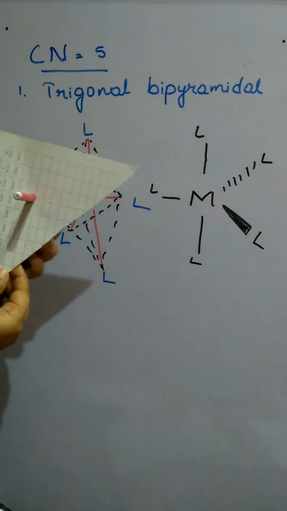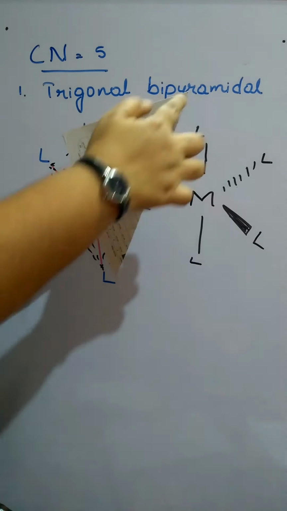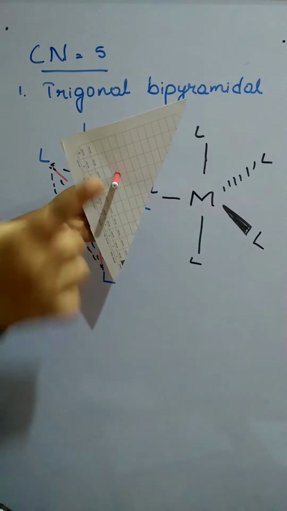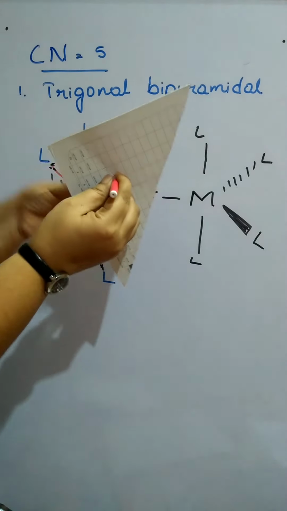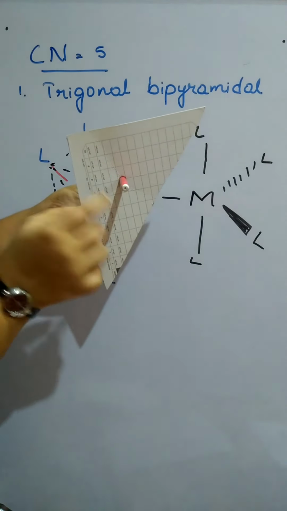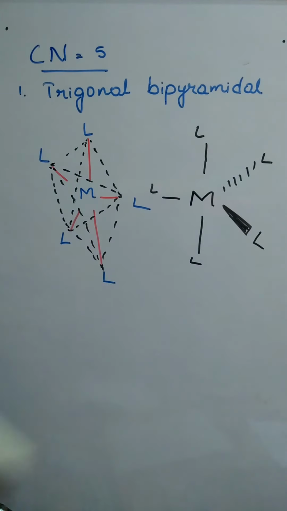These three are in a plane, this one is nearer to the observer, and the backside one is far from the observer. So three in a plane, one near to the observer, and one more at the backside, far from the observer. This is what the structure indicates. Likewise, we have one more structure.